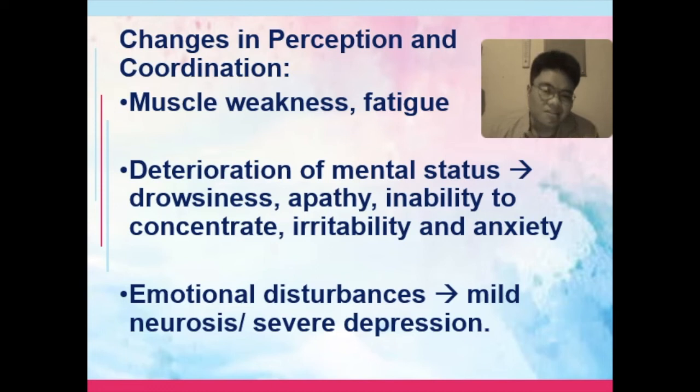So there will be muscle weakness and fatigue. Deterioration of mental status will include drowsiness, apathy, inability to concentrate, irritability, and anxiety. So this would signal that the mental status is already deteriorating. Emotional disturbances: your patient with Addison's disease may have mild neurosis and may have severe depression.